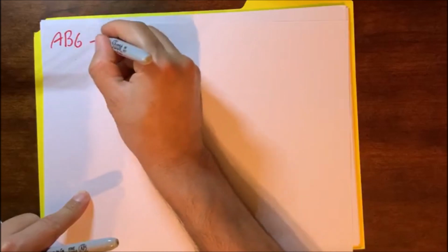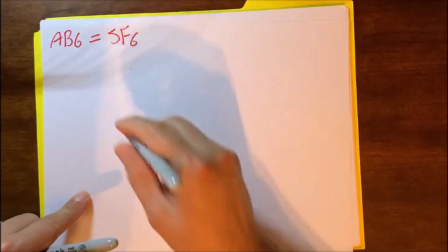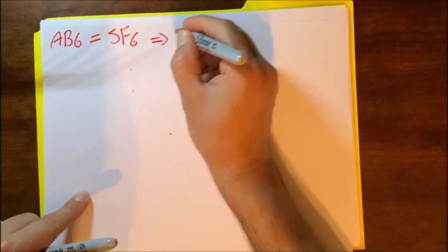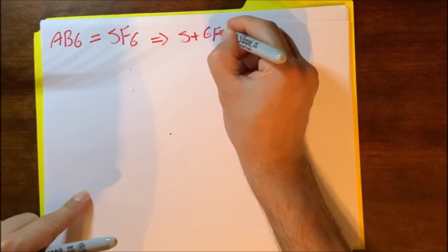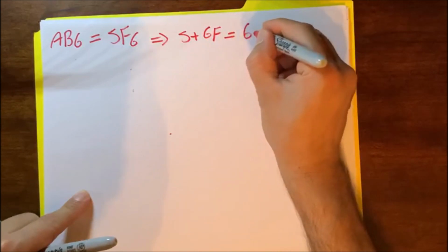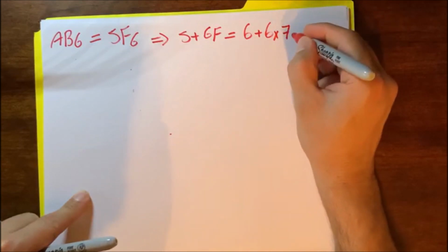And from the octahedral, I start with the AB6, example SF6. We have sulfur plus 6 fluorines, so we get 6 plus 6 multiplied by 7.